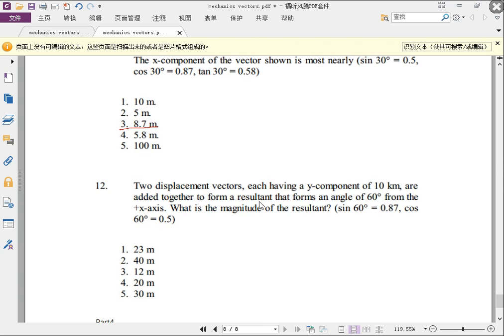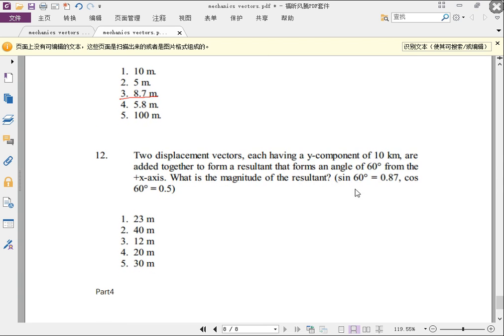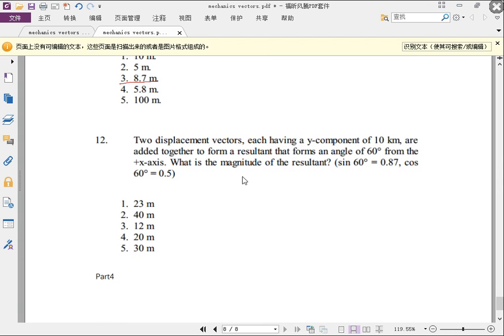Two displacement vectors, each having a y component, are added together to form a resultant that forms an angle of 60 degrees from the positive x-axis. What is the magnitude of the resultant? Okay, this time again, the sum of vectors.